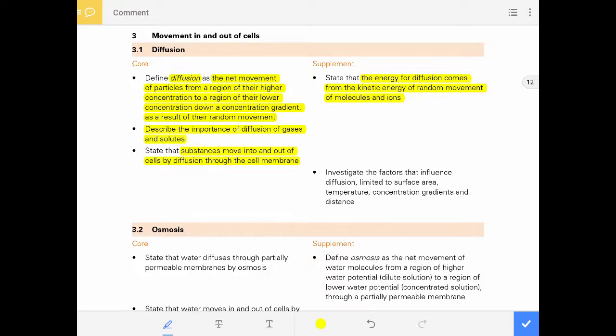Investigate the factors that influence diffusion, limited to surface area, temperature, concentration gradients, and distance.